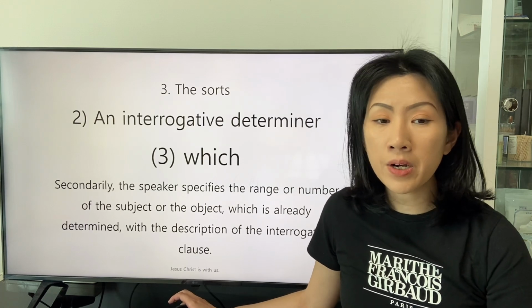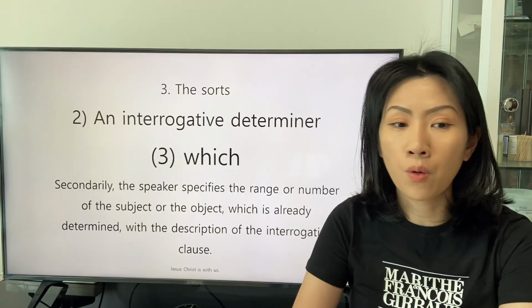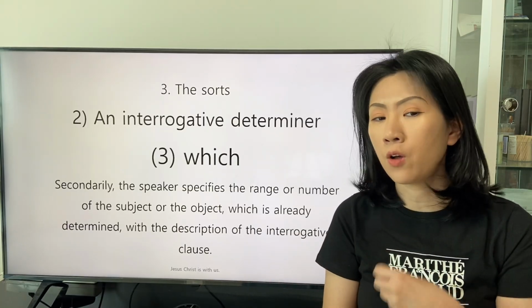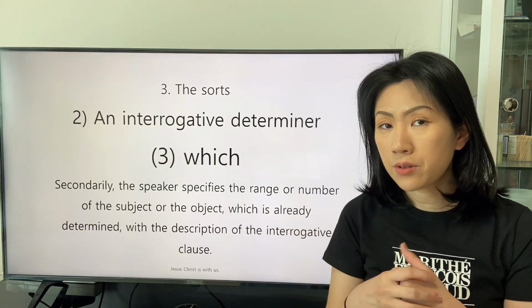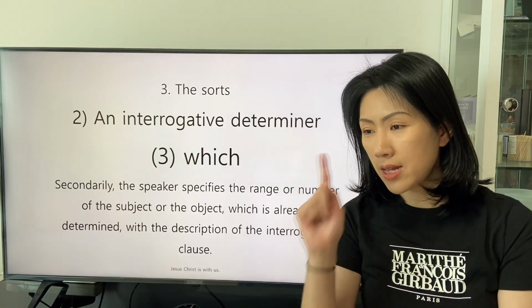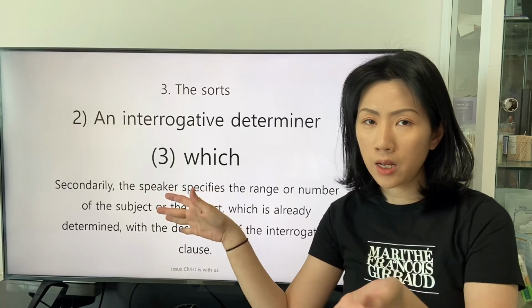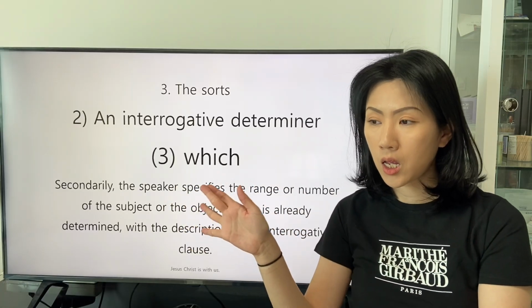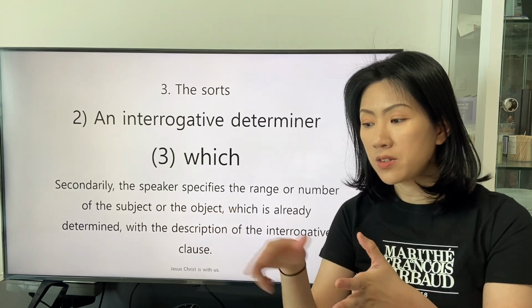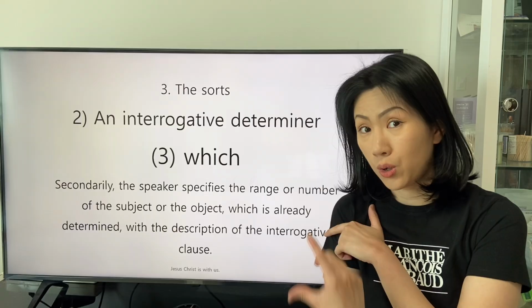Secondarily, the speaker specifies the range or number of the subject or the object, which is already determined, with the description of the interrogative clause. In the clause, which season do you like? The season that the listeners like is ultimately, finally, or consequently specified as one of the seasons that the speaker intends to know about.